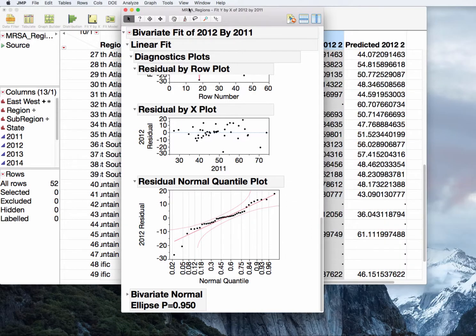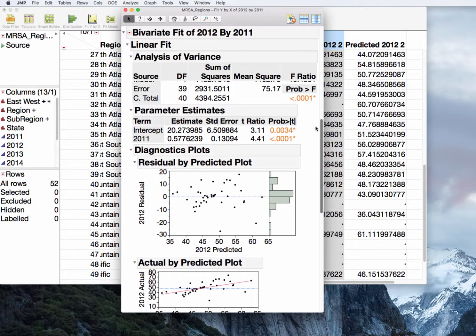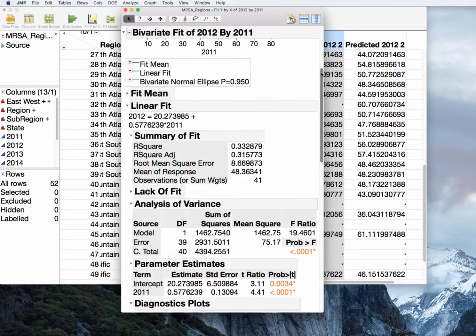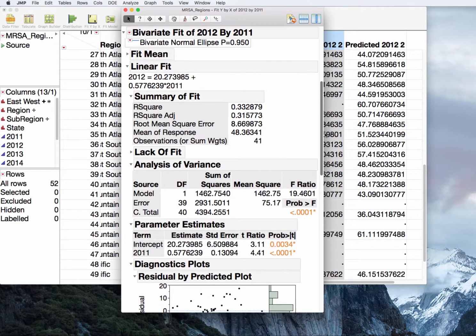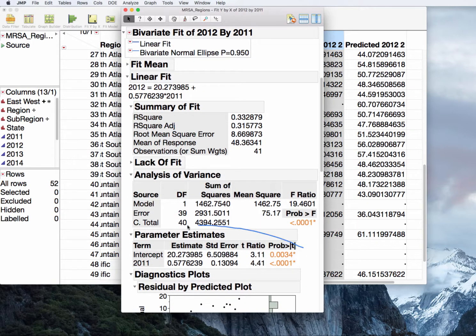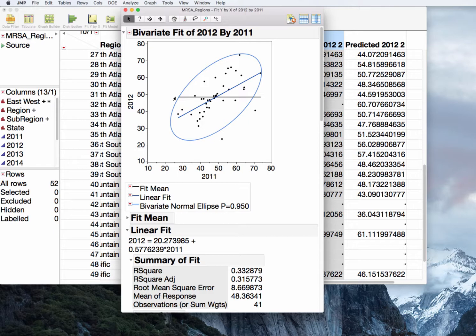So normality seems to be warranted, linearity seems to be warranted, our homogeneous variance seems to be warranted. Therefore, we could go ahead and interpret the result of this model. Our conclusion for this model will be that 2011 does a better job predicting the 2012 scores in comparison to simply the 2012 mean by itself.